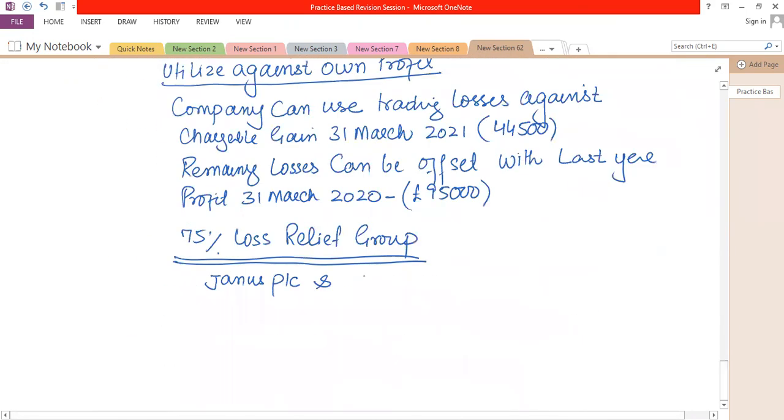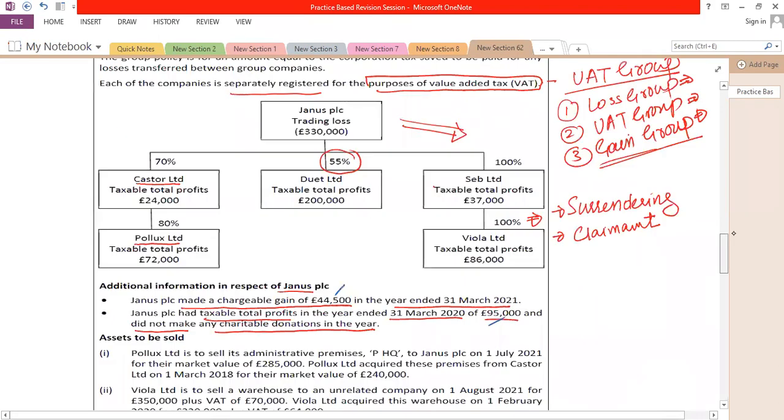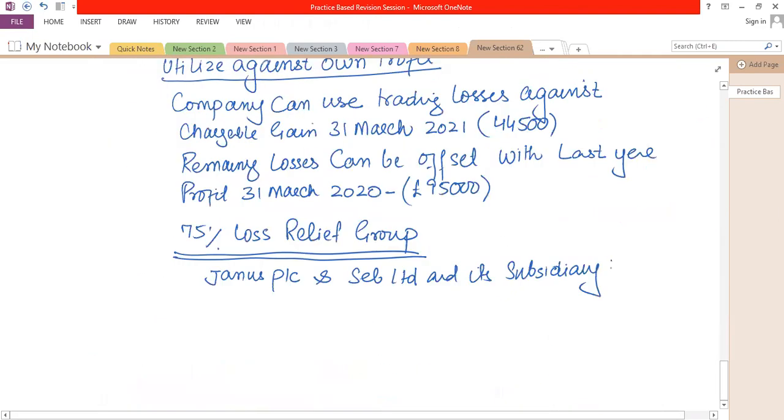SAB Limited, and its subsidiary, which is Voila Limited, is having a 75% loss group relief group.